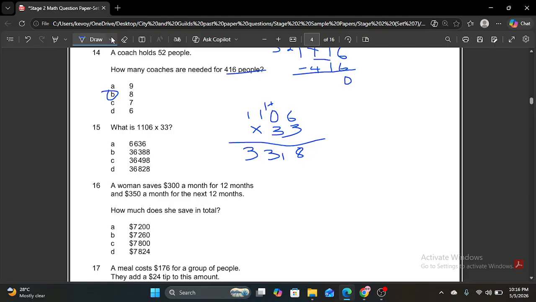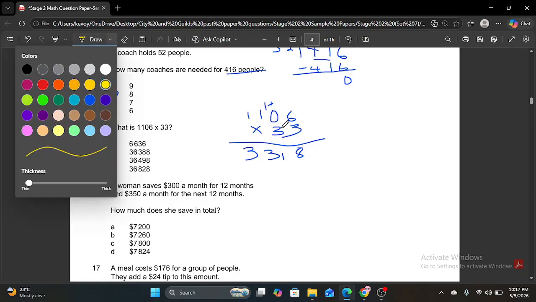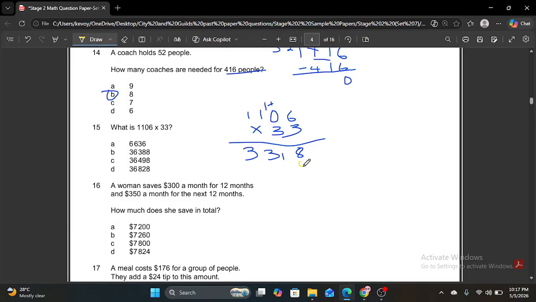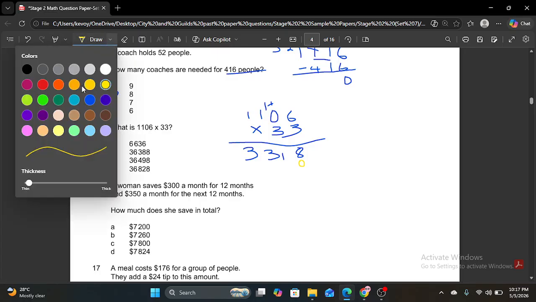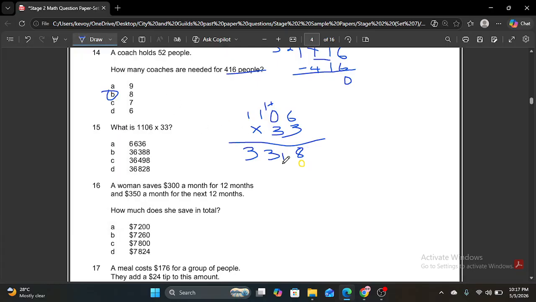You put your placeholder before you multiply using the next digit, so placeholder 0. And because you're multiplying with the same digit, you should have the same numbers above after the placeholder. So that should be 8, 1, 3, 3, and we'll just add everything together quickly.